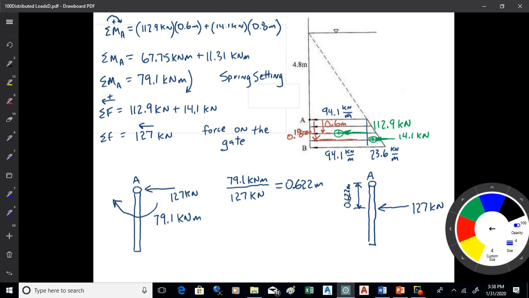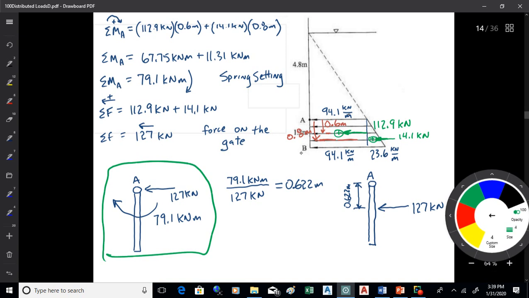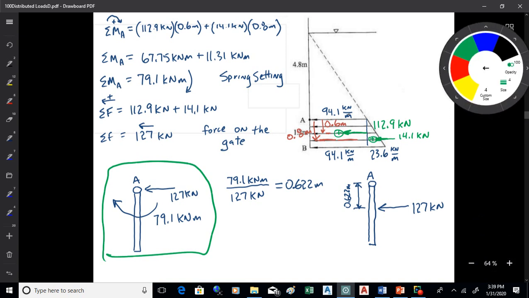Okay with that? So when I get down to designing that gate, that's what I'm going to design it for, right there. There's the sketch. A force of 127 kilonewtons and a moment of 79.1 kilonewton meters. If I want to get a little fancier about it, what I can do is take the moment and divide out the force, and that will get me an offset distance.